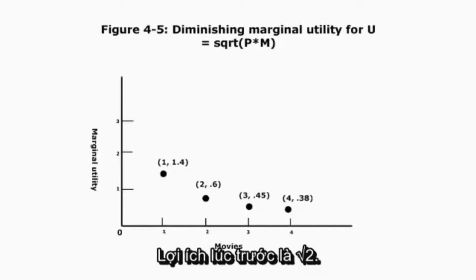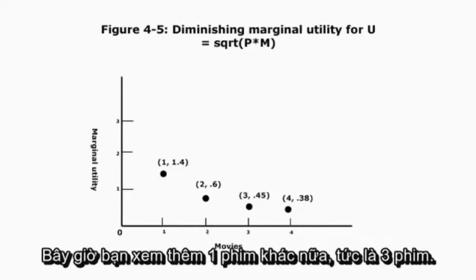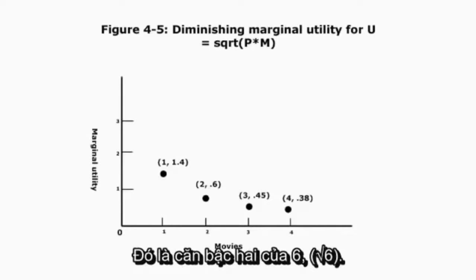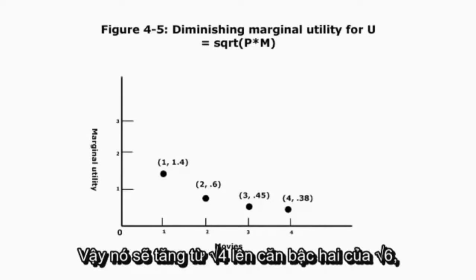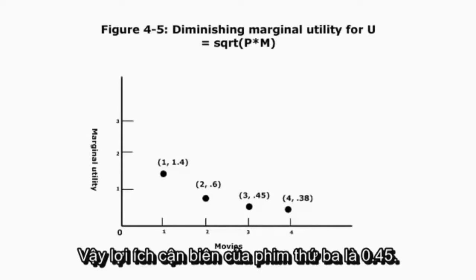Now let's say you add another movie. You go to 3 movies. What's your utility now? It's the square root of 6, which is 2.45. So your marginal utility of the third movie is 0.45.